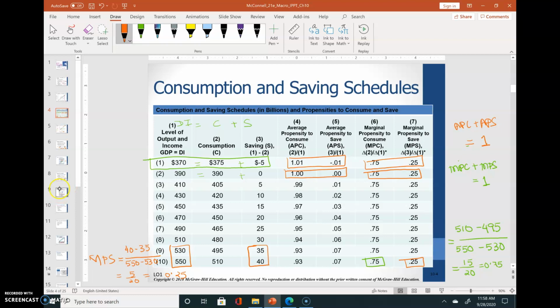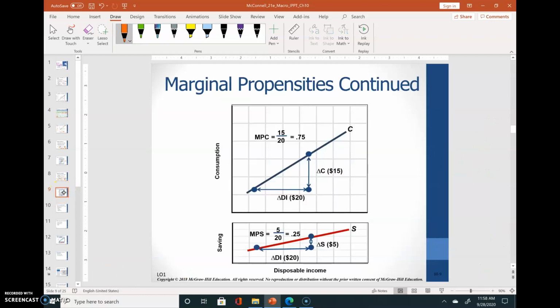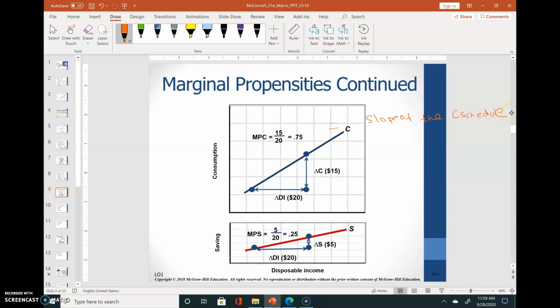Alrighty, so what the book does is graphically finding the MPC and MPS, like trying to find this as a slope. So MPC, this is the slope of the consumption schedule, and MPS, this is the slope of the savings schedule.